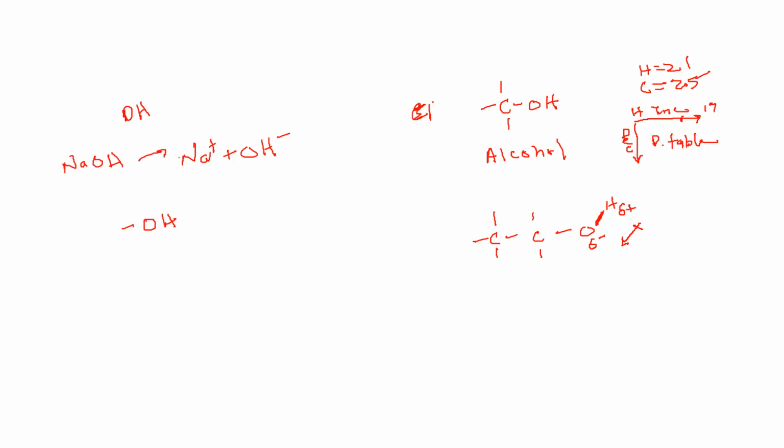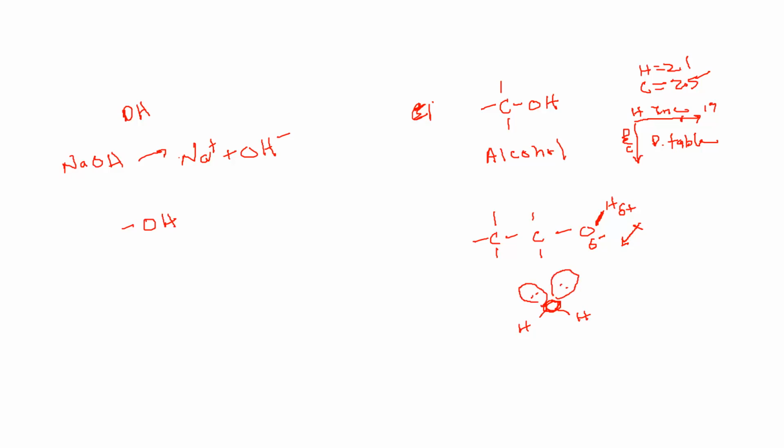Remember the phrase, like dissolves like. Polar molecules will dissolve in polar liquids. And so water being a polar molecule, in fact, a lot of people, when they talk about alcohols, like to talk about it in terms of it's a lot like water, right? You've got oxygen, and in water you'd have a hydrogen down here, and a hydrogen down here, and you'd have a lone pair up here, and a lone pair up here.